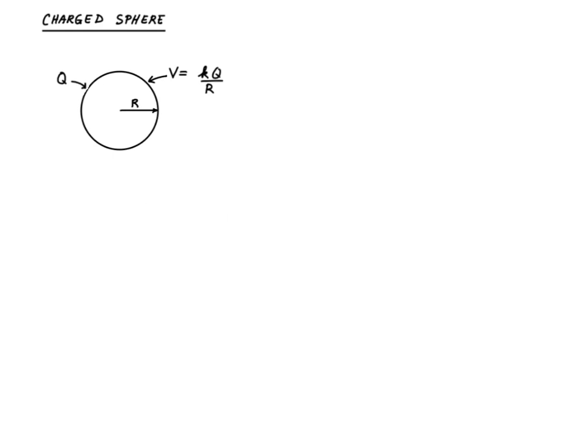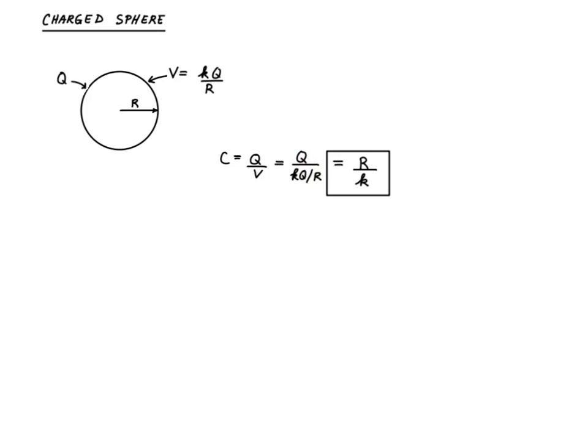So its capacitance, C equals Q over V, is simply going to be Q over the voltage V, Q over kq over r. And then we get the capacitance is equal to the radius of the sphere r over k.